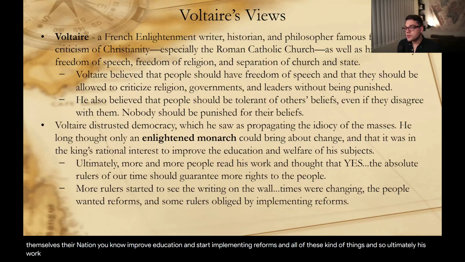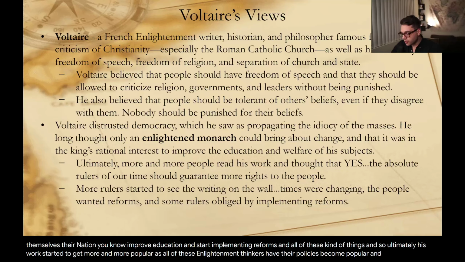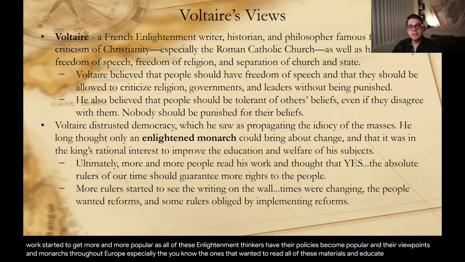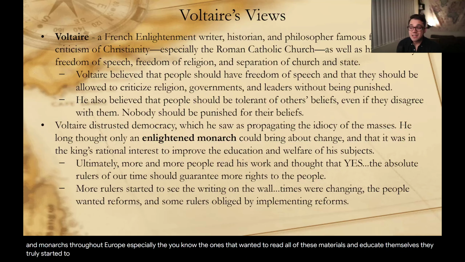And so ultimately, his work started to get more and more popular as all of these Enlightenment thinkers had their policies become popular and their viewpoints. And monarchs throughout Europe, especially the ones that wanted to read all of these materials and educate themselves, they truly started to take some of it to heart. And they're not stupid, right?